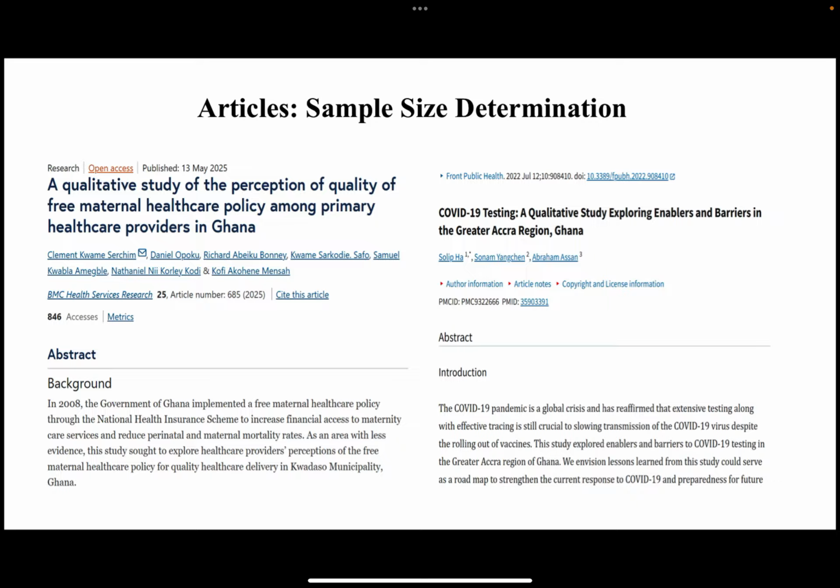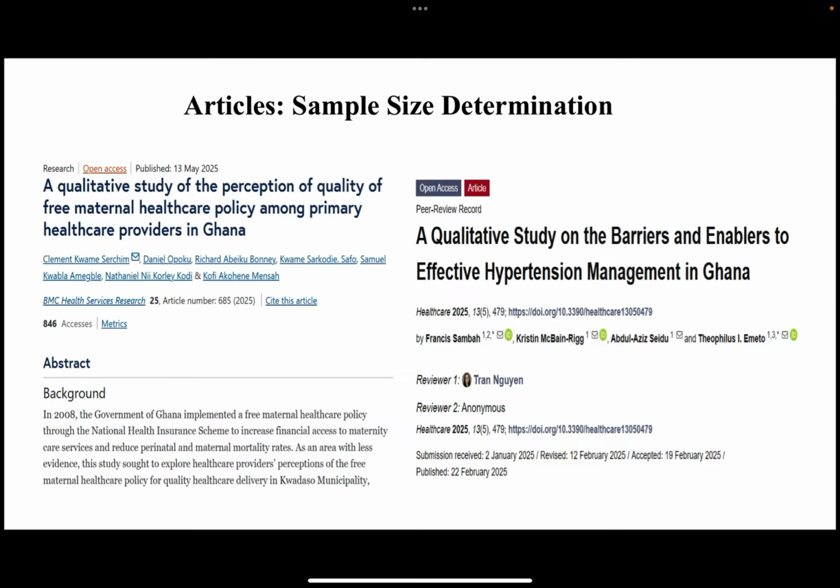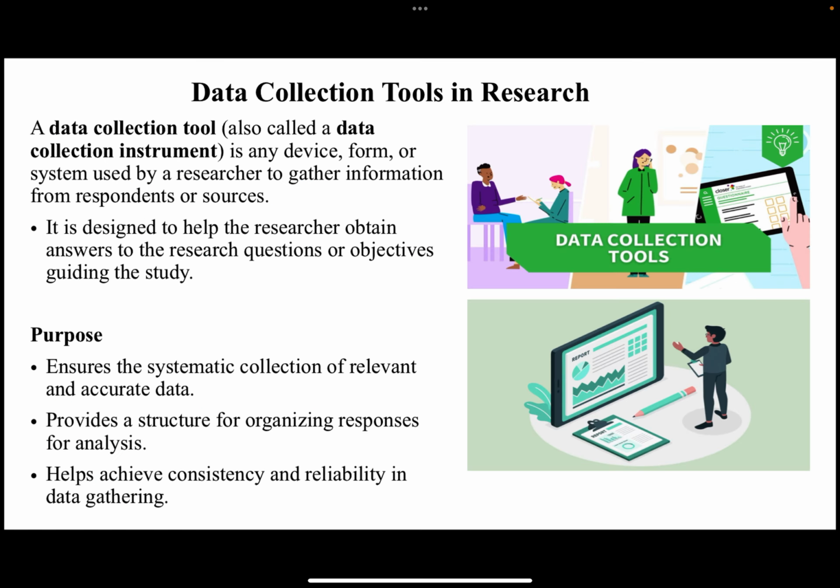They do the description very nicely, and you can take inspiration from there. These papers are all qualitative studies, so you can see how they've done the sample size determination.